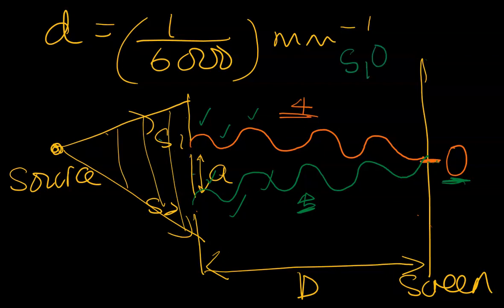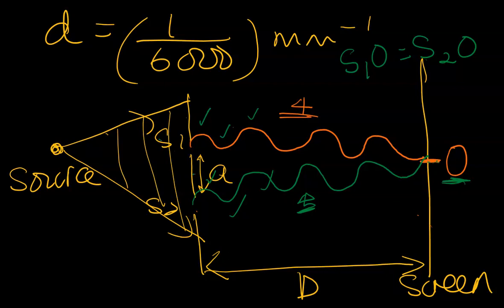So S1O is equal to S2O. And therefore, I have considered 4 wavelengths to come from S1 and 4 to come from S2. And because they have the same number of cycles, when they meet at O, I will have constructive interference. And that is simply because at any point, crest and trough will overlap because I have the same number of waveforms.